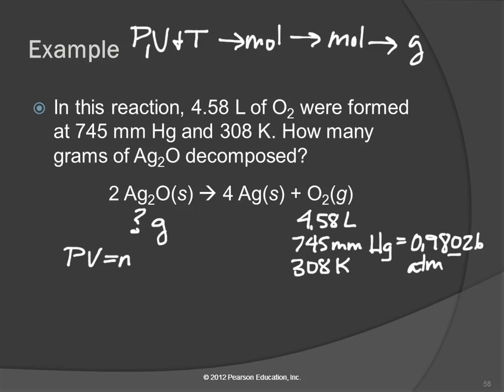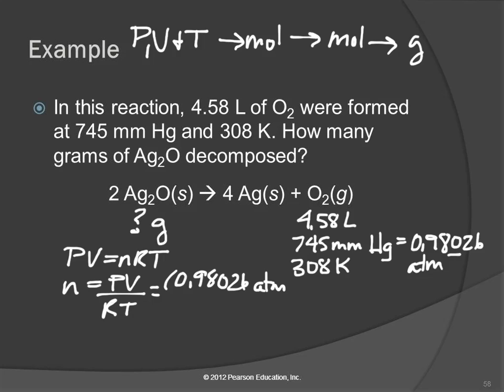PV equals nRT, so n equals PV over RT. So the pressure, 0.98026 atmospheres. The volume was 4.58 liters.